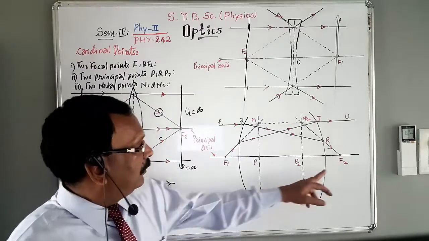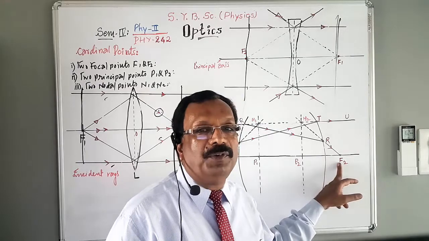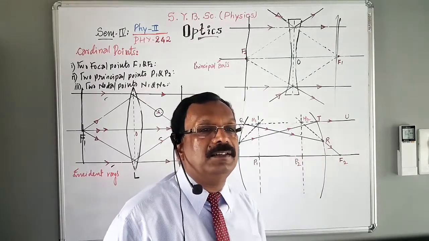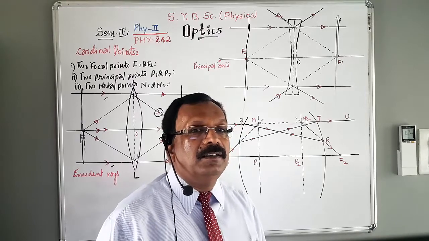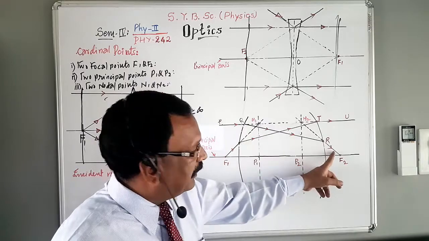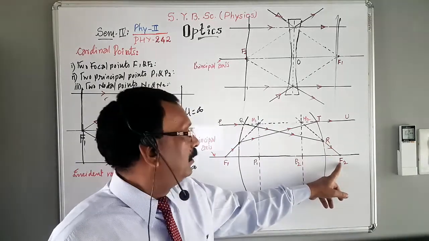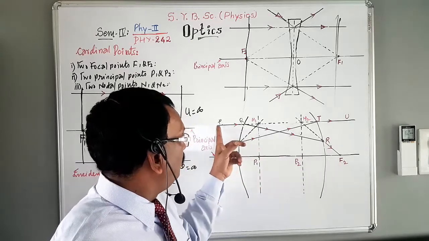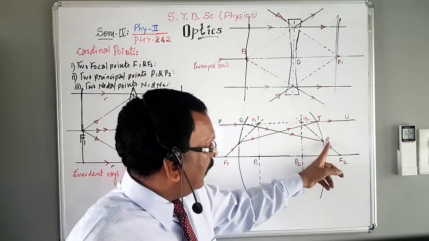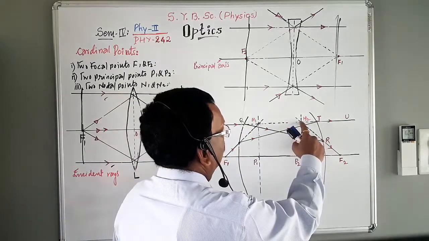Now the point F2 here is called what? The second focal point, obviously. Second focal point of a thick convex lens. Now see here, when the incident ray PQ and the final emergent ray RF2 are produced forward and backward, that means PQ is produced forward and RF2 is produced backward, they intersect here.